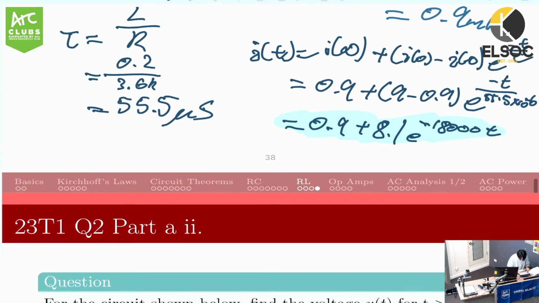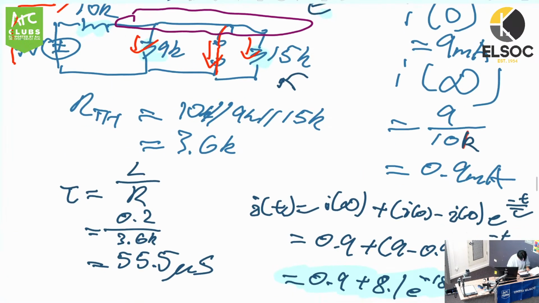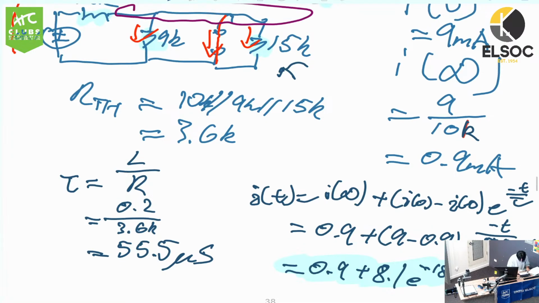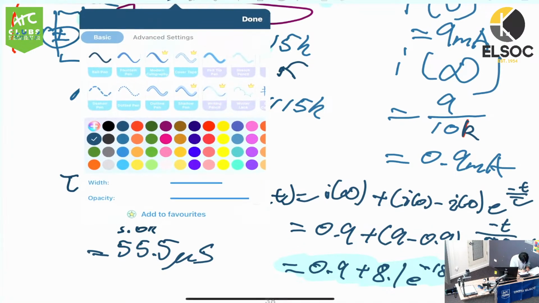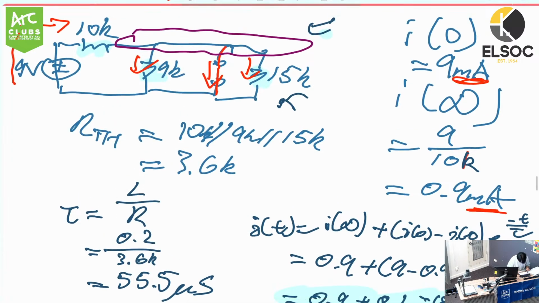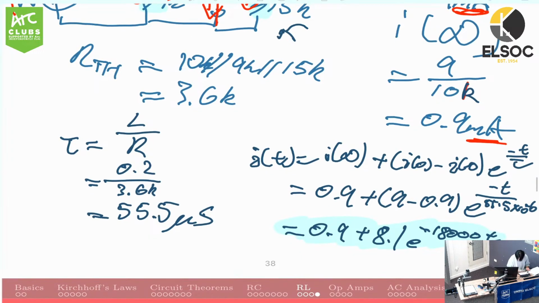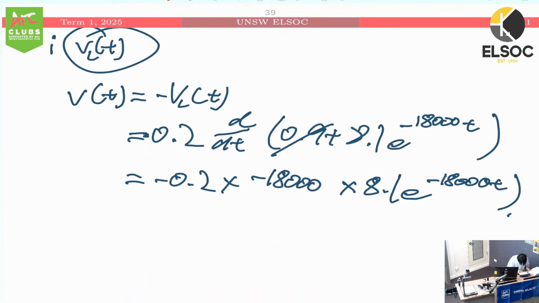Also, something very important that I forgot to mention here is we need to be very careful with our units. Because we got our answers in milliamps, we need to remember that this equation will also be in milliamps, and therefore here it will be in millivolts.